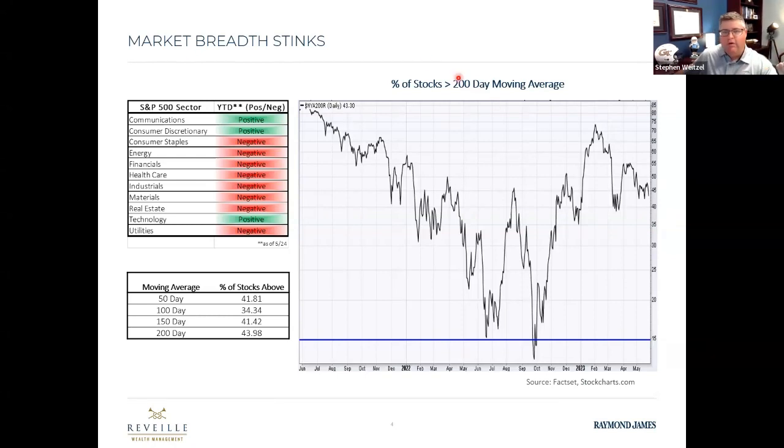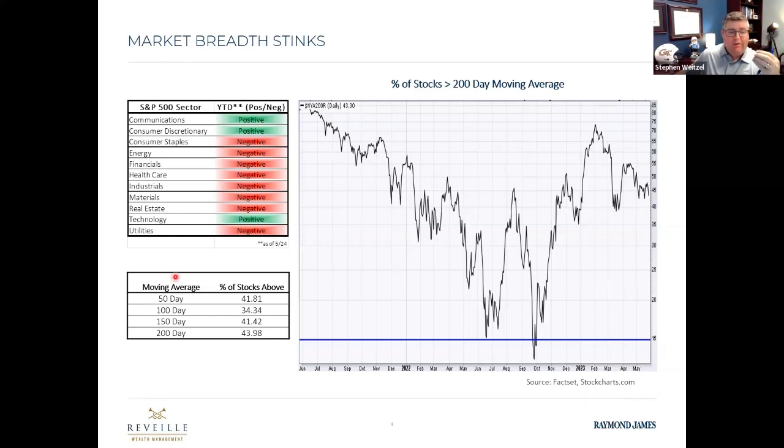So when we look at something like how many stocks are above their 200-day moving average, if a stock's above its 200-day moving average, it's probably in an uptrend. If it's beneath its 200-day moving average, it's probably in a downtrend. Well, right now, we see that well less than half of stocks currently on the New York Stock Exchange are trading above their 200-day moving average or in an uptrend.